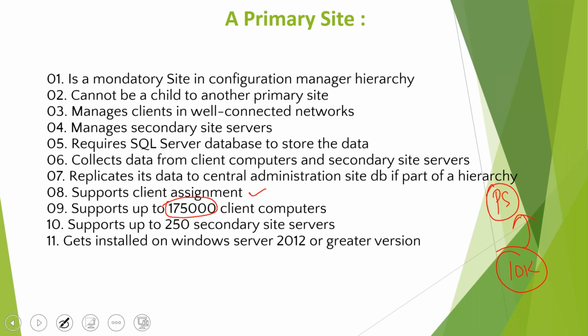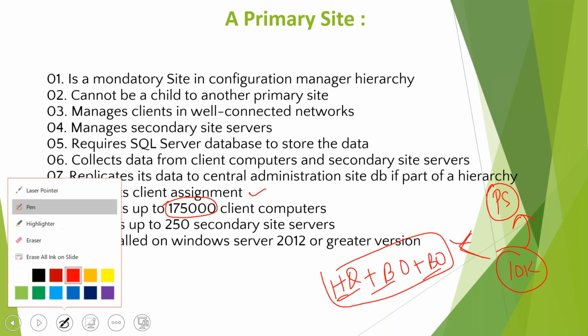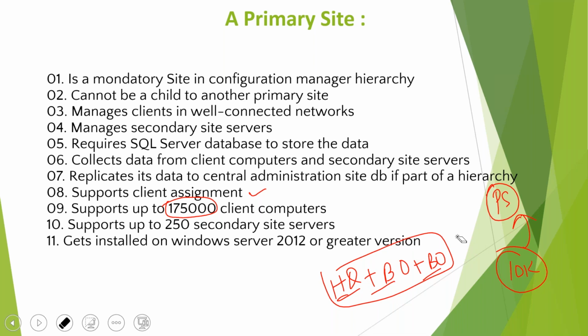If you combine the devices located in the headquarter plus the branch offices, you will have to add the total number of devices, and that should be less than 175,000 client machines. Got it?